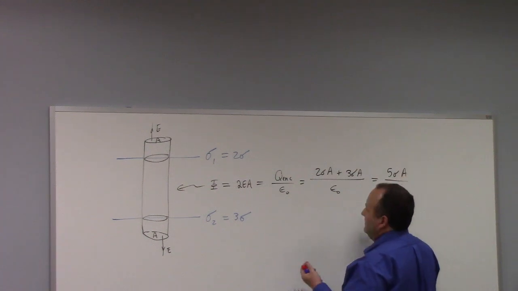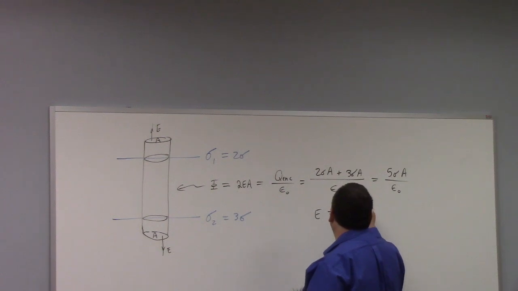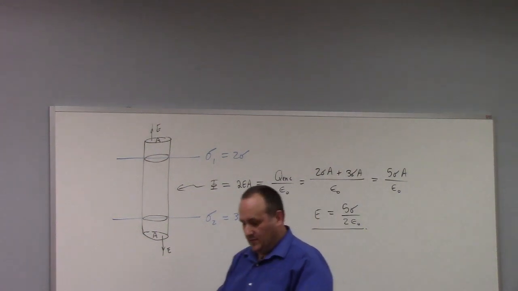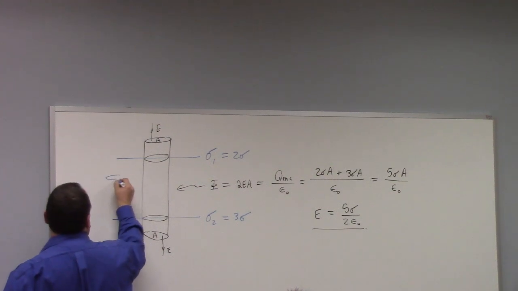So apparently the electric field is just a what? It's 5 sigma over 2 epsilon naught, apparently, right? And by the same token, I can make a little Gaussian surface in here, right?